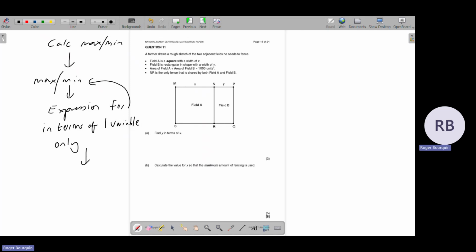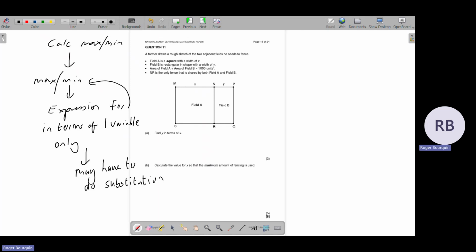To do that, you may have to do some kind of substitution. So whenever you're asked to maximize or minimize, you want to get that in terms of one letter only.